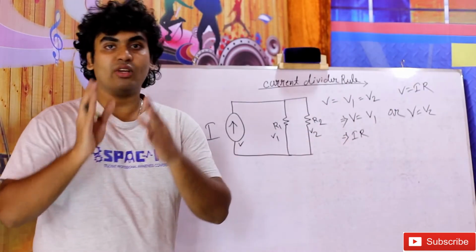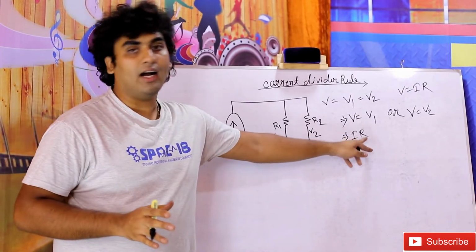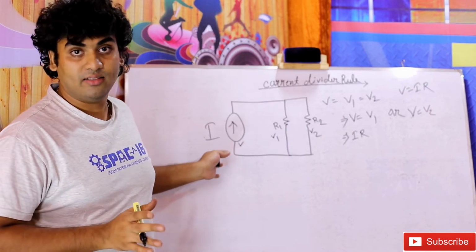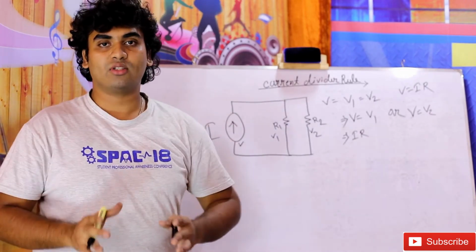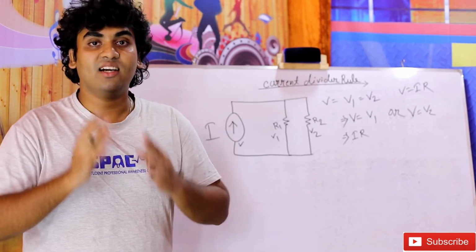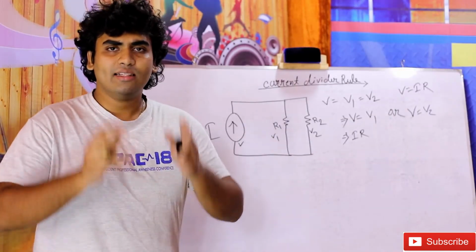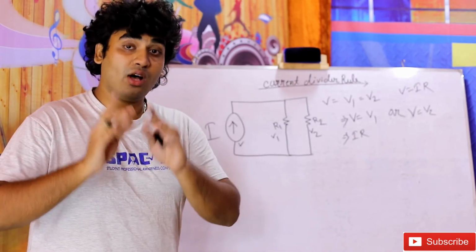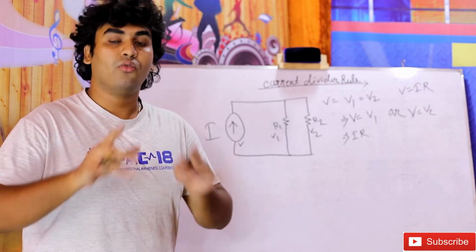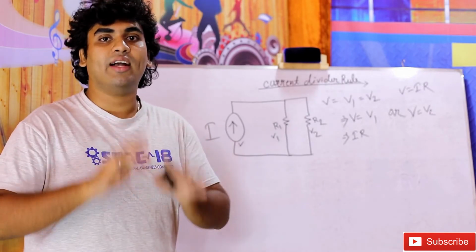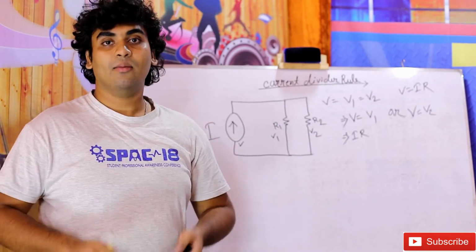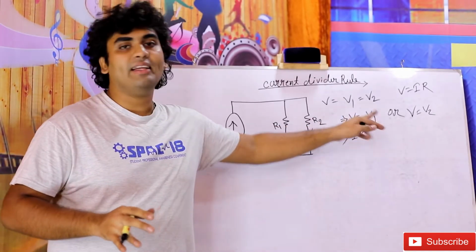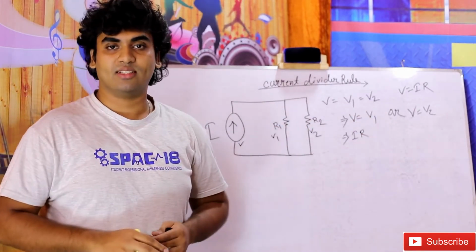But the question arises, why is there R? Because we are supplying only the current source, right? No source can be without internal resistance. If there was no internal resistance, what would happen? Infinite current would flow through the circuit. But that is not possible in real life. So there will be an internal resistance in the source.